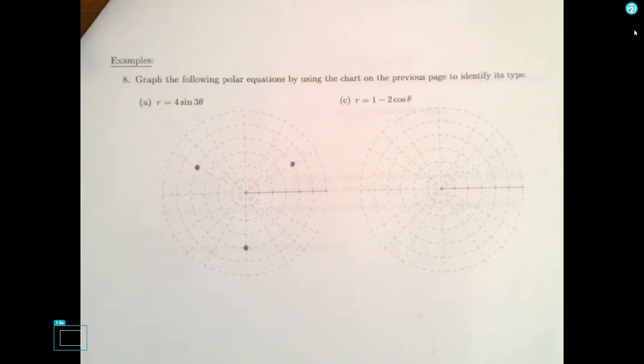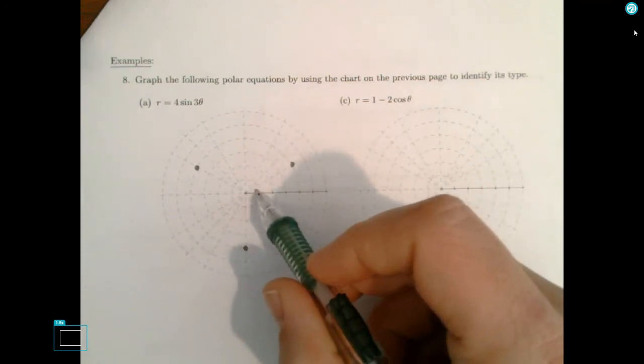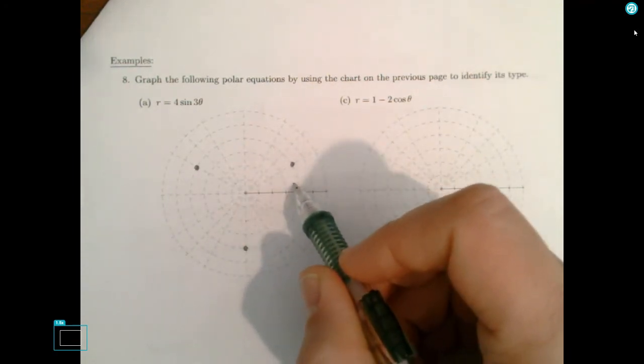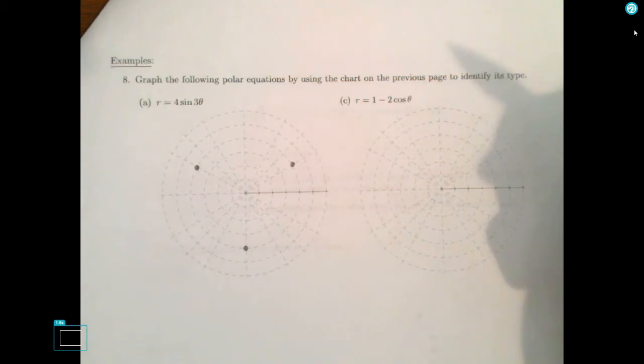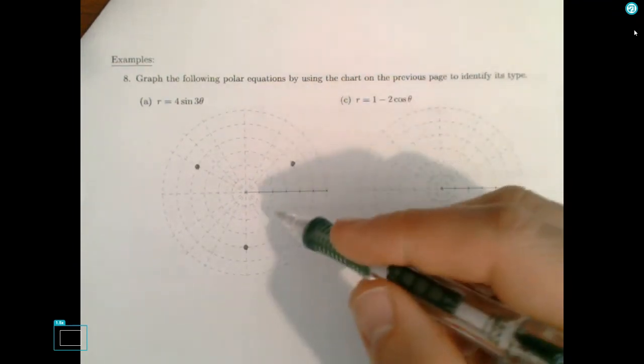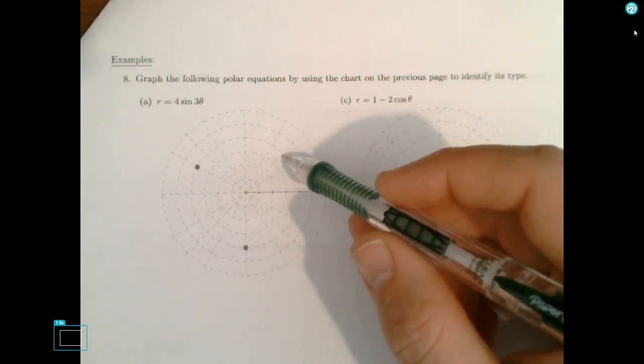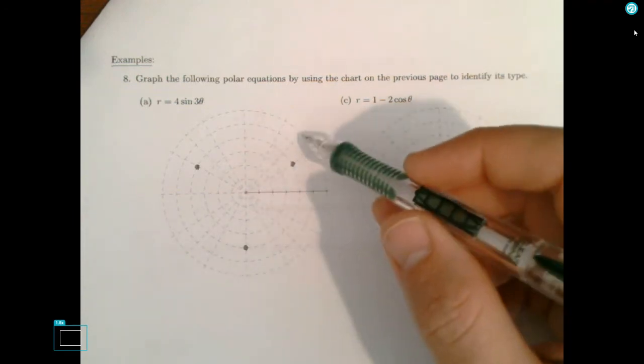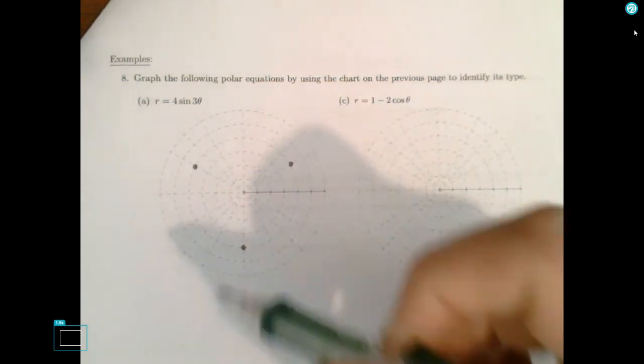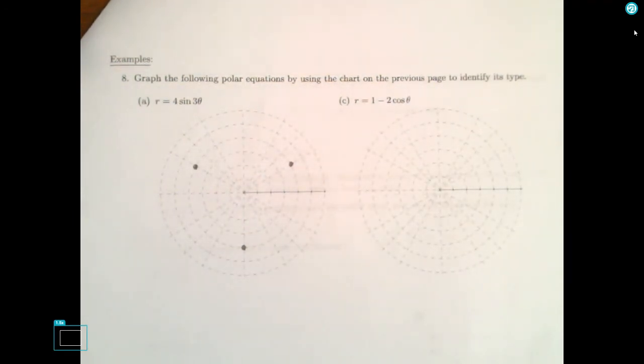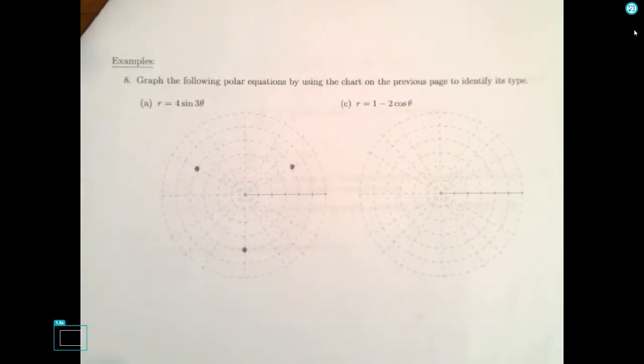Now, the only thing I don't really know for sure is how wide or skinny the petals are, right? Maybe they're really skinny or maybe they're really wide. So I think the best thing to do is to figure out what's going on, let's say at pi over 4, for example. So I'm just going to plug that into my calculator. I have the parameters set, I know what to expect.